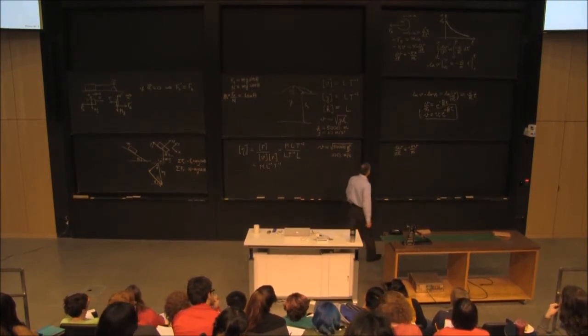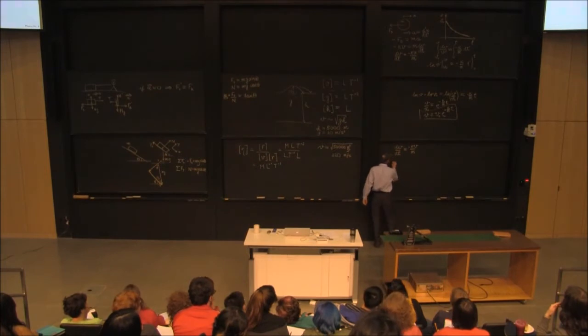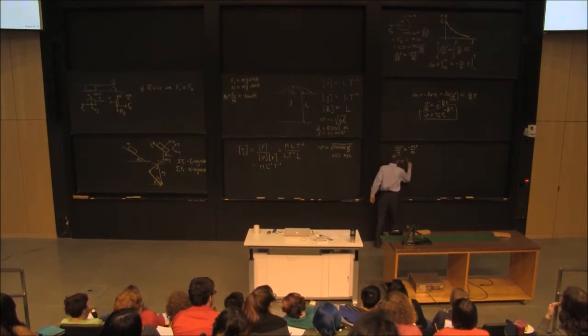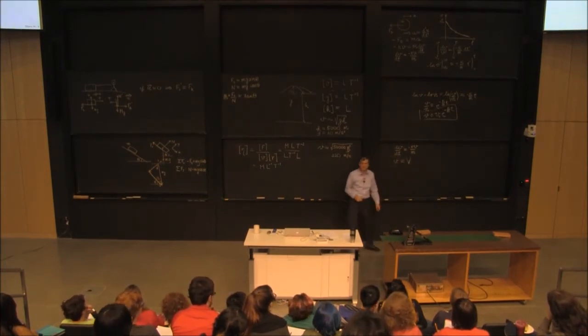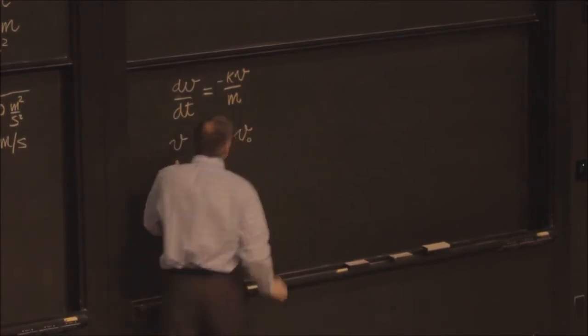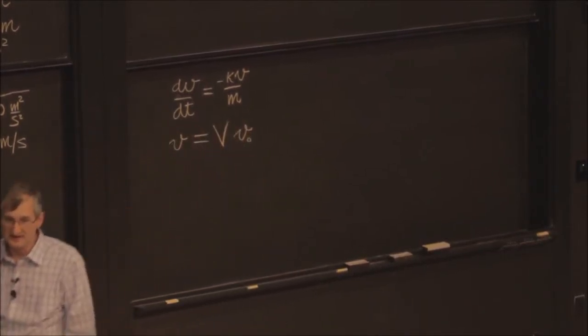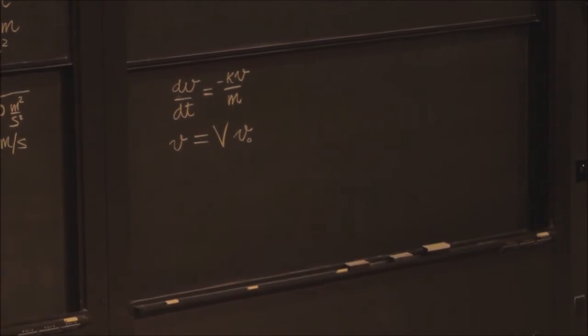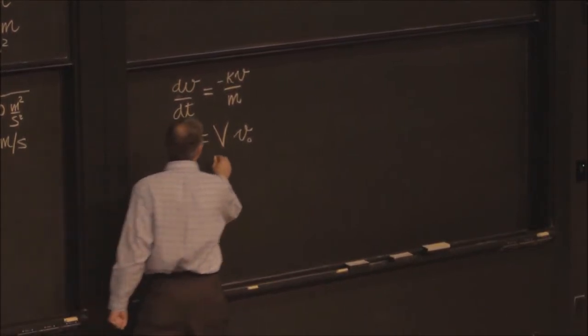I'm going to make up the following variable, capital V, which is going to be the number of times the initial velocity that my velocity currently is. So if I'm now at half the initial velocity, capital V, the variable, would be 1/2.